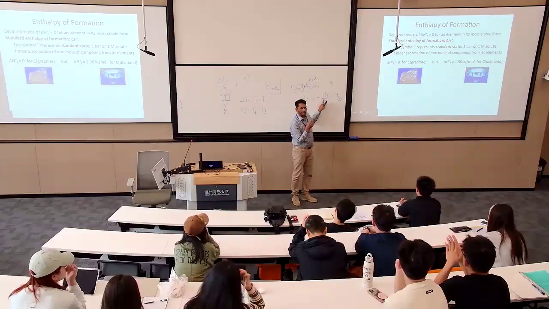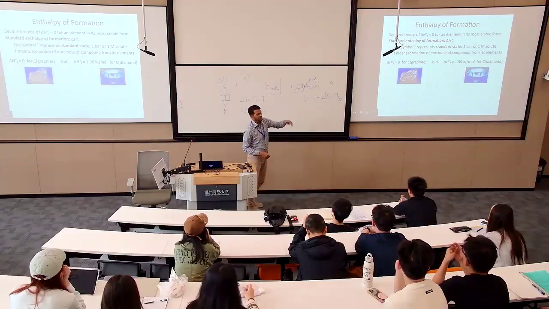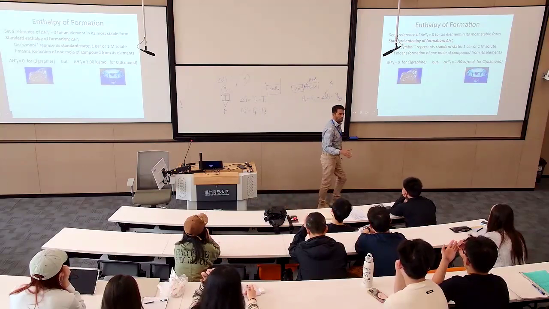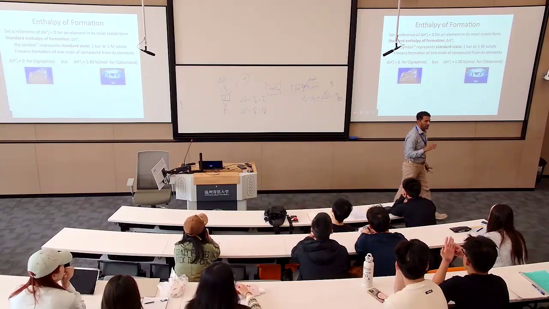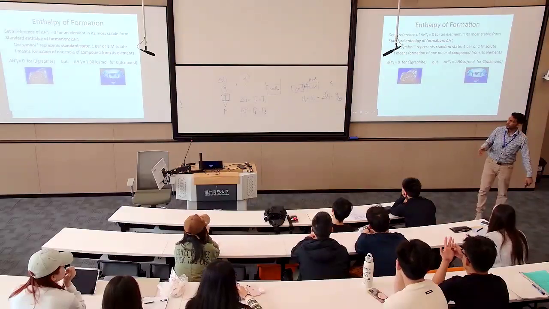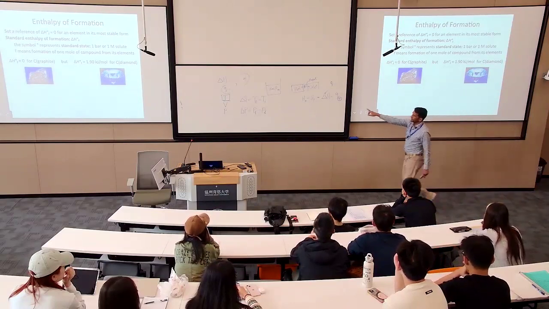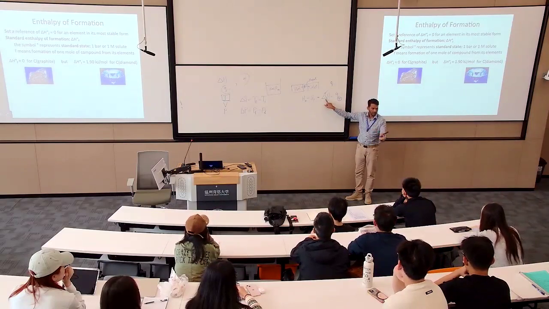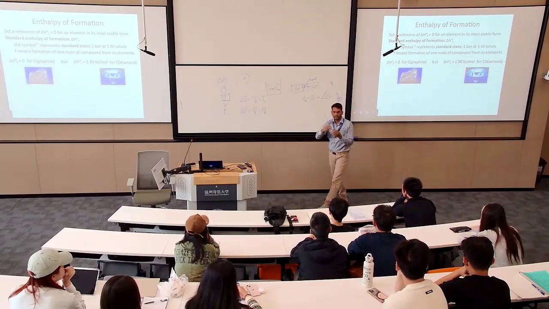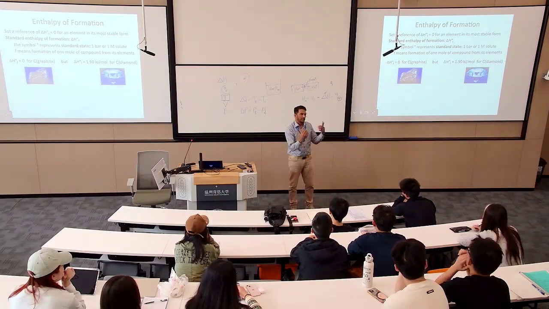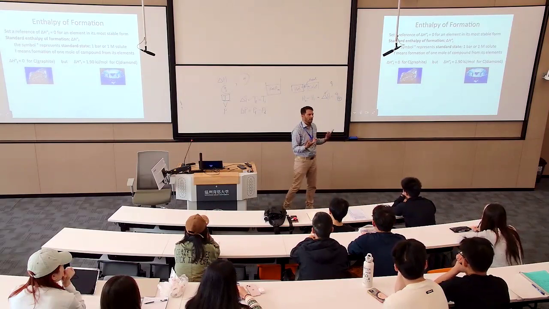And we learn enthalpy definitions many times: enthalpy of vaporization, enthalpy of sublimation, enthalpy of condensation, enthalpy of neutralization, enthalpy of formation. The definition is very simple. It is the amount of heat absorbed or evolved when 1 mole of a substance is evaporated, neutralized, condensed, formed, whatever the property.